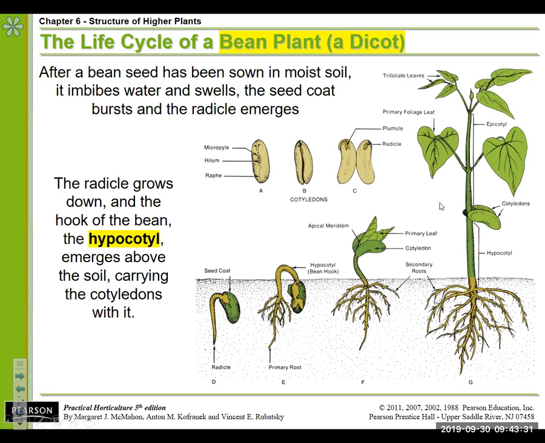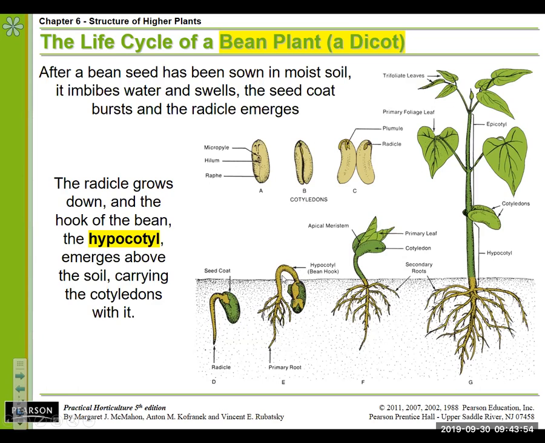and then the seed coat is going to be broken by the emerging radicle on one end and the plumule on the other end. And in the bean, it's called a hypocotyl, and this is what we look at as the hook. Basically, it's part of the plumule, but it's not the top part of it.